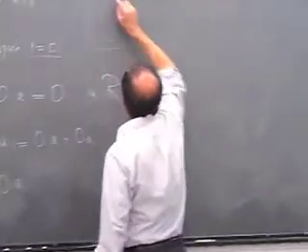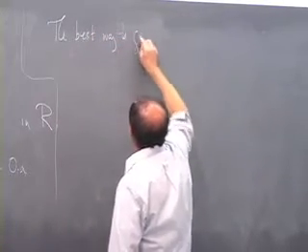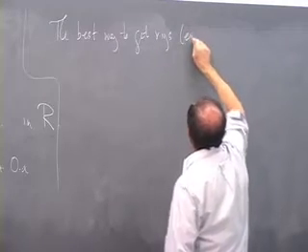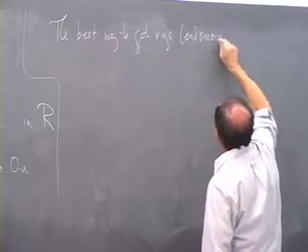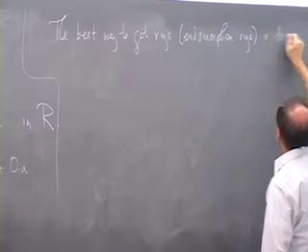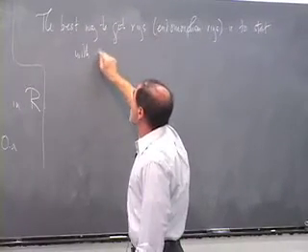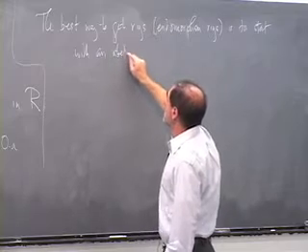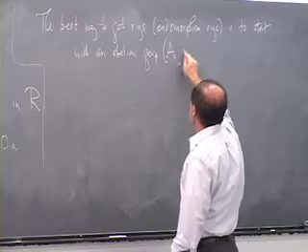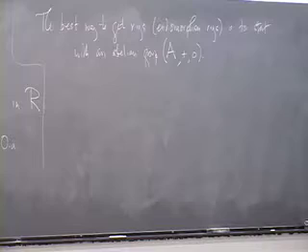So the best way to get rings, which are called endomorphism rings, is to start with an abelian group A, with the usual addition and identity element 0.